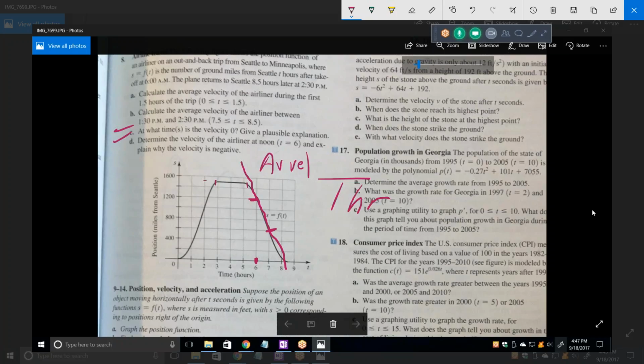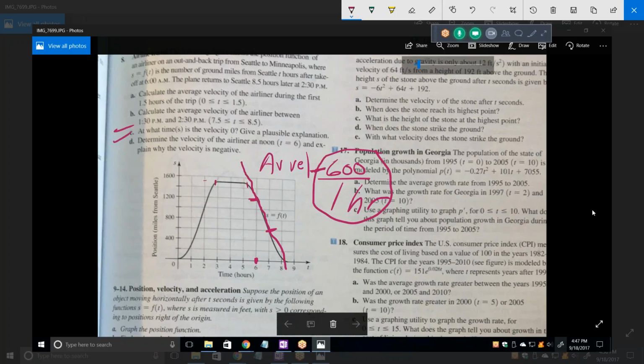And it would be 600 minus 1200, so negative 600. Good. So the speed is 600 miles per hour. The airplane's flying at 600 miles per hour.